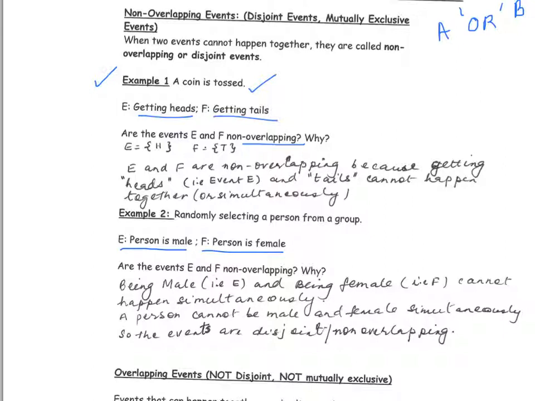Can the two events, being male and being female, happen together? Can a person simultaneously be male and female? We know that it is impossible. So being male and being female, the two events, are disjoint events or non-overlapping events.